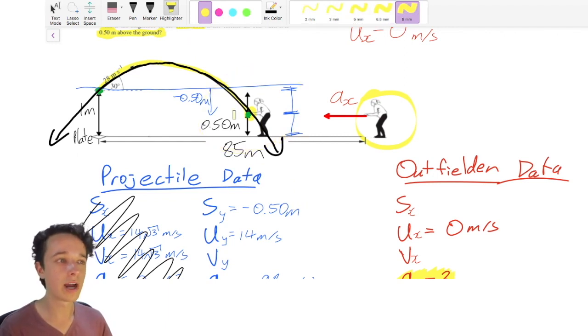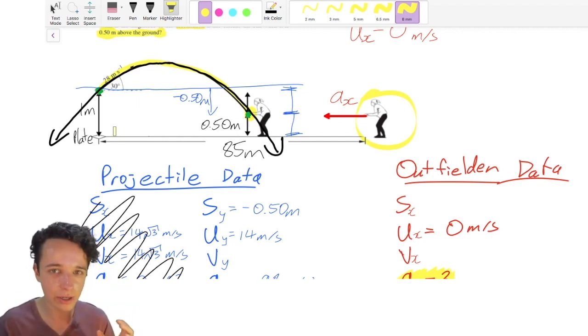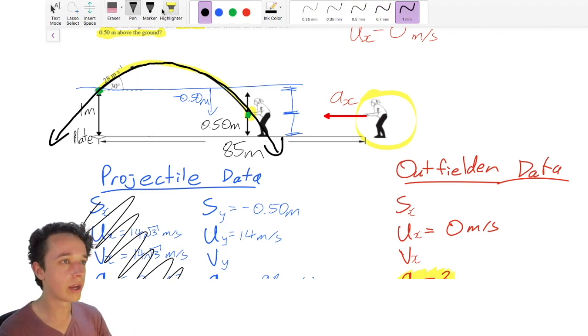The final position of our projectile. The other place doesn't actually exist in physical reality, right? It only exists on this imaginary parabola that the blind equations are seeing. The other point where the displacement in the y component is also negative 0.5 is this place here. That doesn't exist.